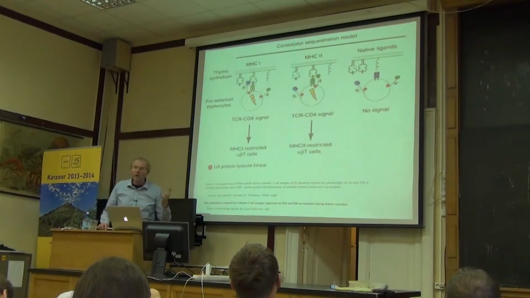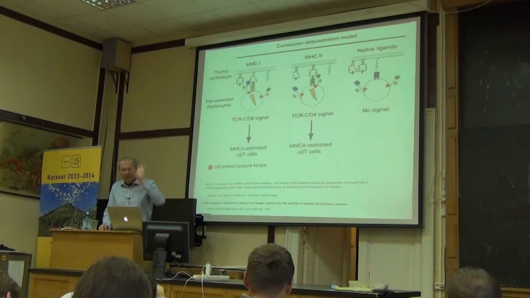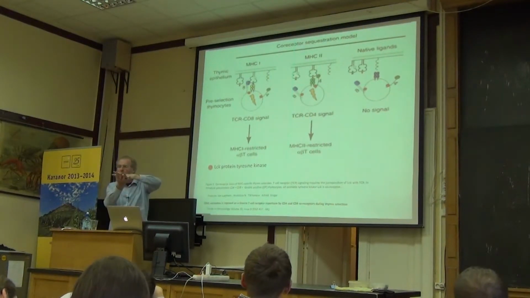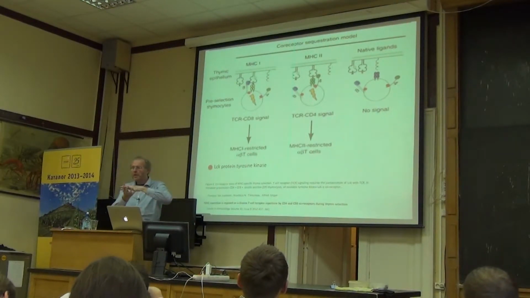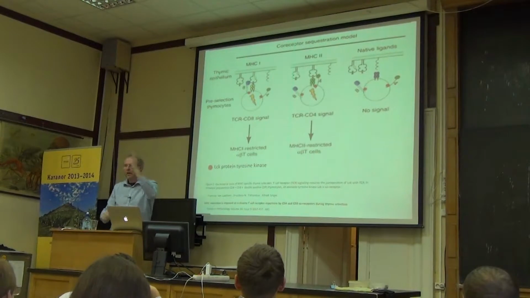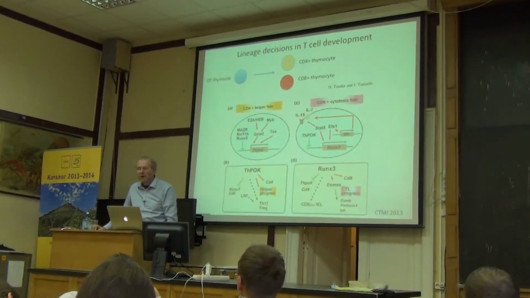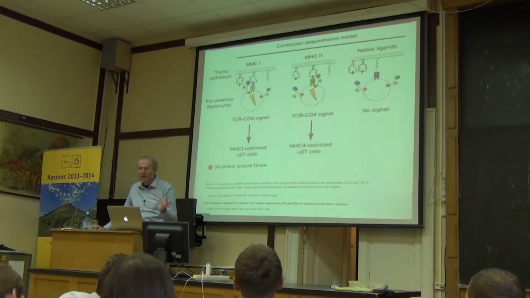So these co-receptors are instrumental in telling the T cell, your T-cell receptor has seen a ligand, because only then does this complex come in close proximity so that the co-receptor can bind. So each T cell has both CD8 and CD4? No, in the end, in a mature T cell, it has either one.